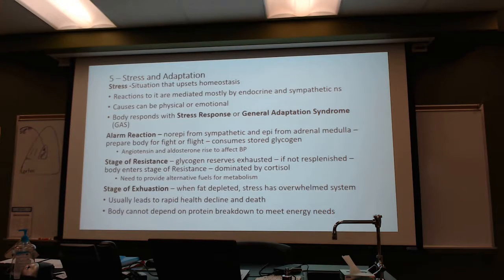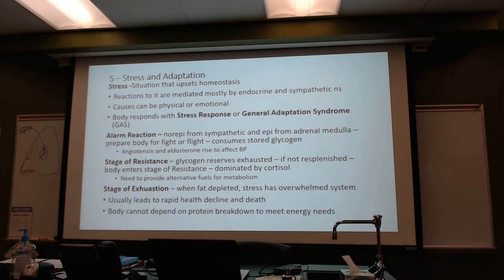Because of the things that are going to happen, stress can be anything physical, like maybe you were in a car wreck or something like that, because that would be a physical trauma to the body. We can also have emotional, i.e. my son, okay? We respond with the stress response.